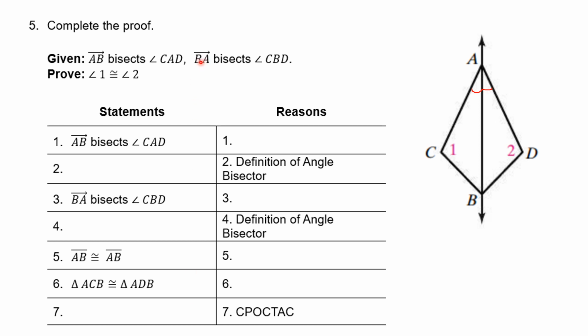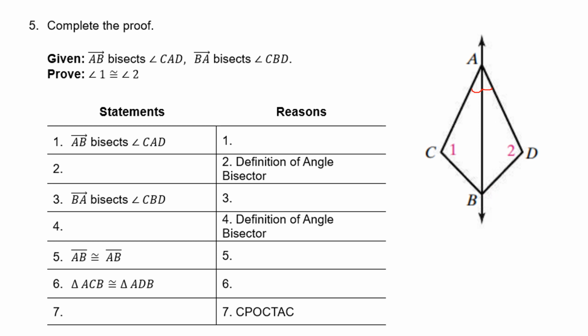Right, the second part that we're given says that the ray BA bisects angle CBD. Right, so CBD is bisected by the ray BA. So I guess they're thinking of these as two separate rays, separating this line into two. All right, so since CBD is being bisected, that's going to create two little congruent angles down here.